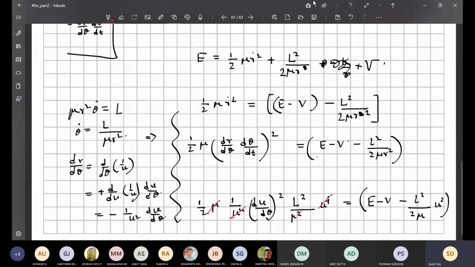Then what else? The left thing will be L square by 2 mu. So u prime square, let me write it this way: u prime square L square by 2 mu will be equal to minus L square by 2 mu u square, plus E minus V. Am I correct, Daniel?